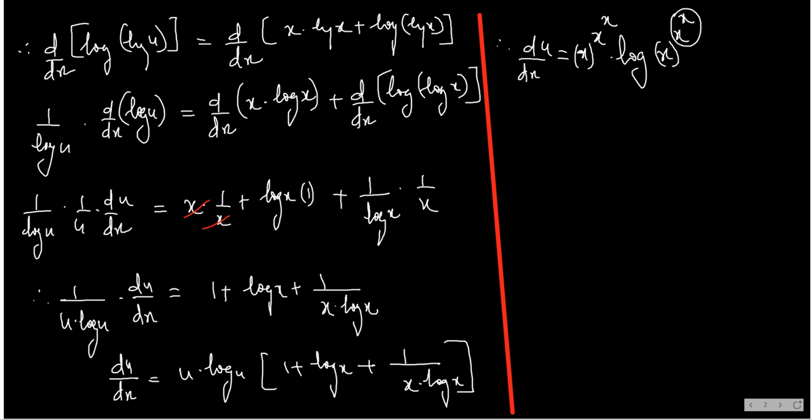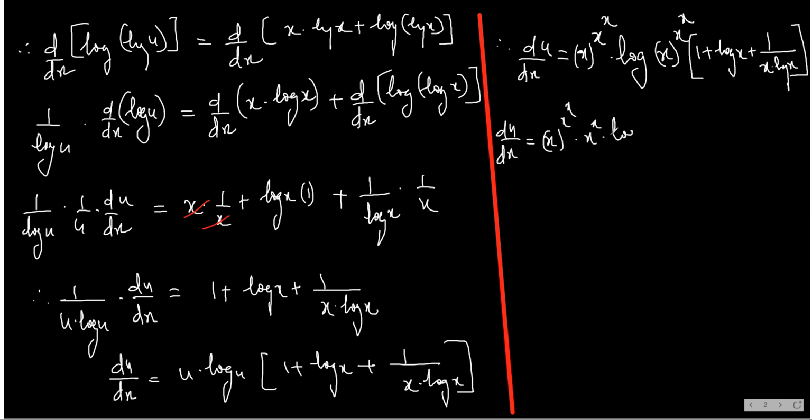And then inside the bracket you have 1 plus log of x plus 1 upon x log of x. This is du by dx which you got. So you have du by dx as x raised to x raised to x into x raised to x into log of x, 1 plus log of x plus 1 upon x log of x.